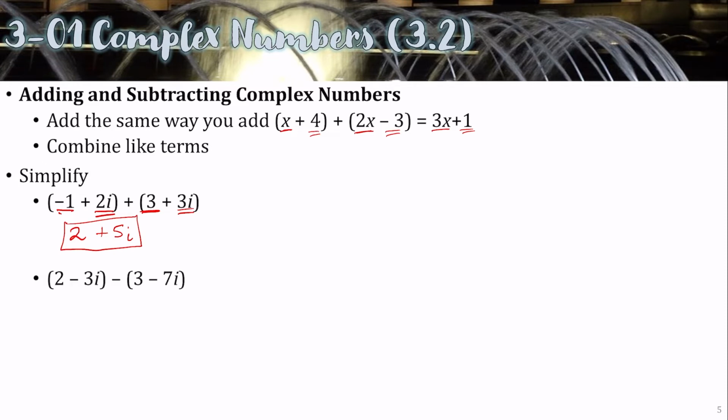Let's try another. This time we're subtracting, so 2 minus 3 is -1. -3i minus a negative. Minus a negative is like plus, so -3 plus 7 is 4i.